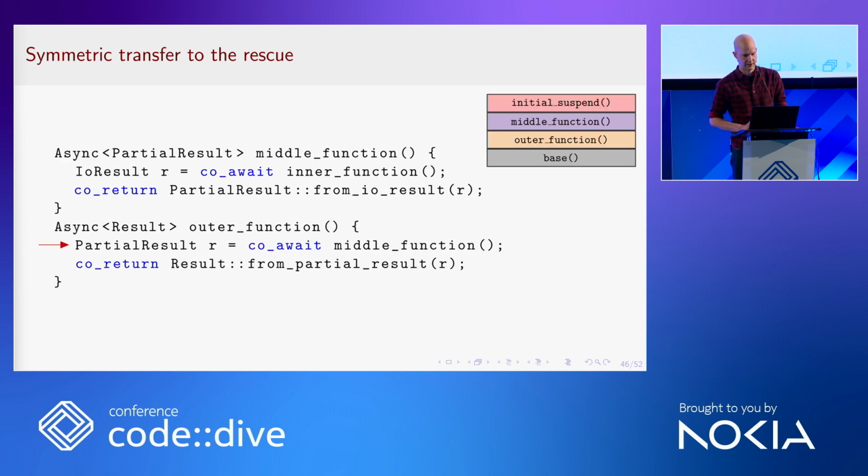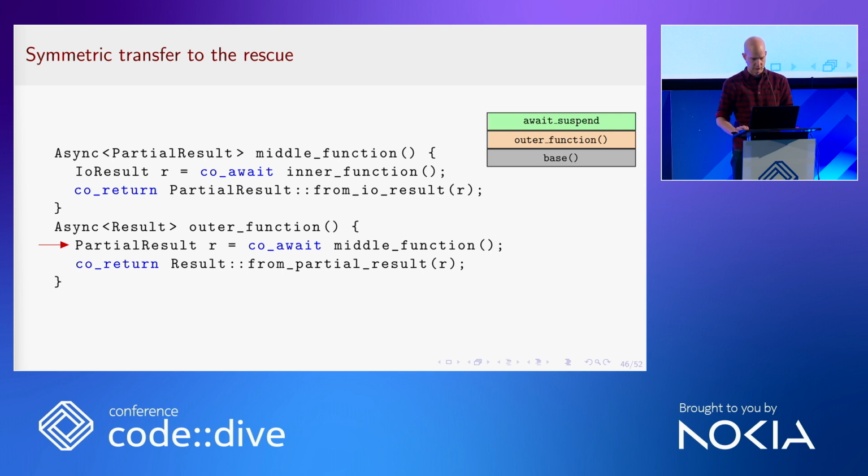And let's look at this in detail, because this is the confusing part here. So I'm in the middle function here, which is the inner function for this context. Initial suspend says, before you do anything, go to sleep immediately, right? We don't even enter the body, we don't do anything. So it goes away, and we're back in the outer function. It now calls co-await on the async object that was just returned to it.